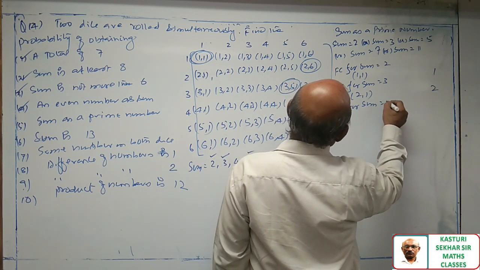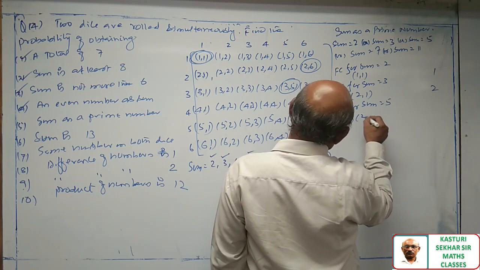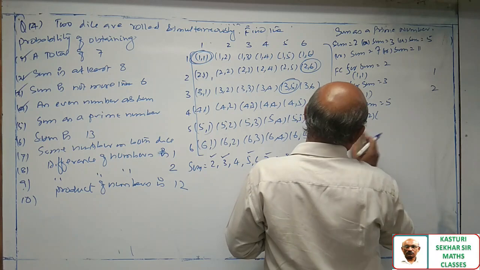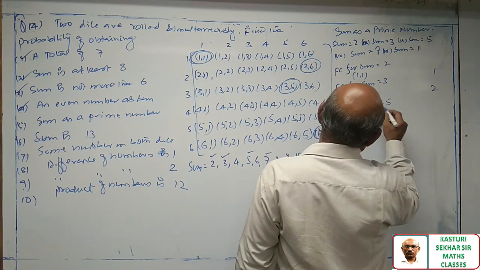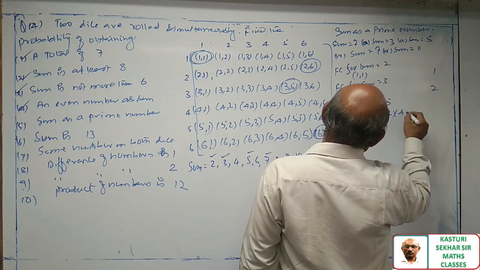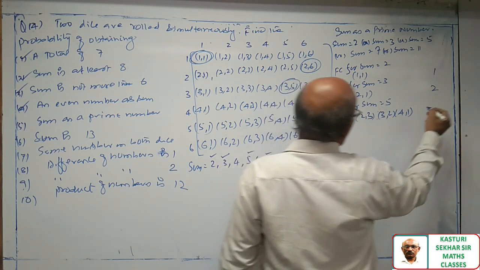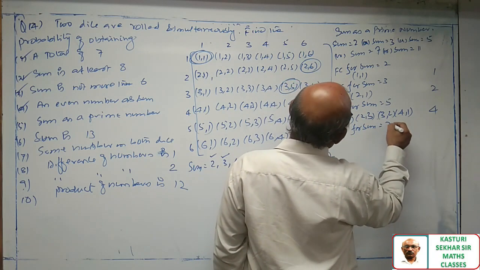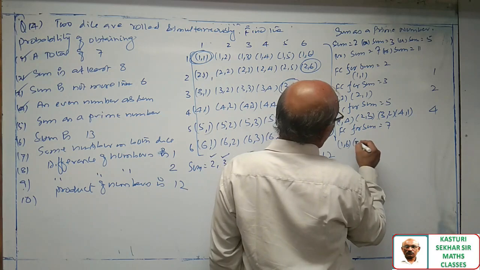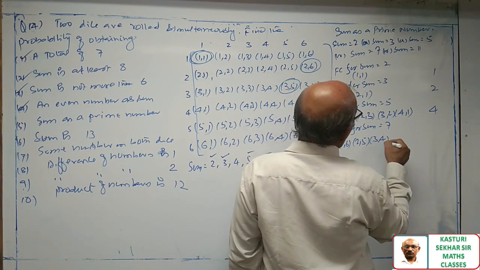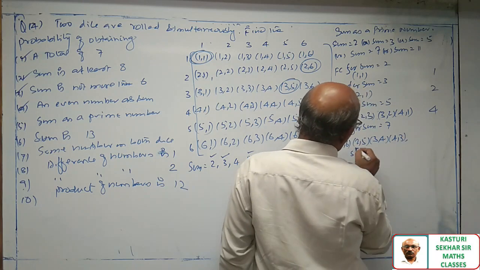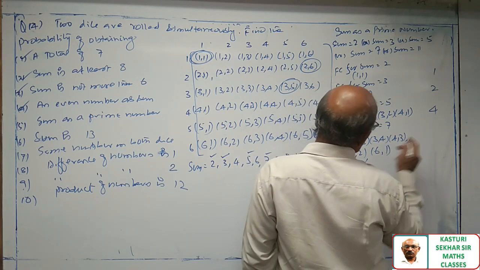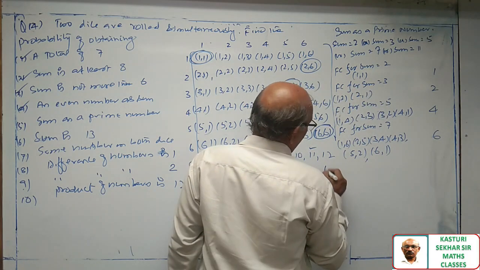Favorable cases for sum is equal to 5: 1 comma 4, 2 comma 3, 3 comma 2, 4 comma 1, 4 cases. Favorable cases for sum is equal to 7: 1 comma 6, 2 comma 5, 3 comma 4, 4 comma 3, 5 comma 2, 6 comma 1, 6 cases.